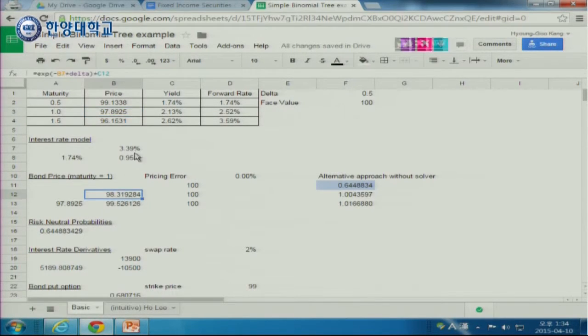The 6 months rate is this one and this one, and from these we can calculate the bond price like this. When the interest rate goes up, the bond price is this one; when the interest rate goes down, the bond price is this one. So the 1 year bond, 6 months later, becomes a 6 months bond because we have 6 months to go. And at the terminal period, because we are assuming there is no risk, it is 100 for sure.